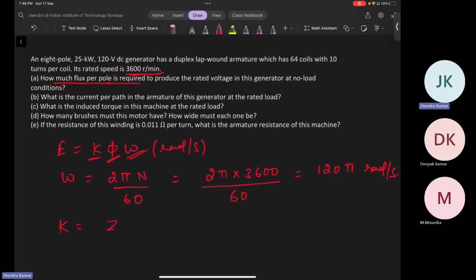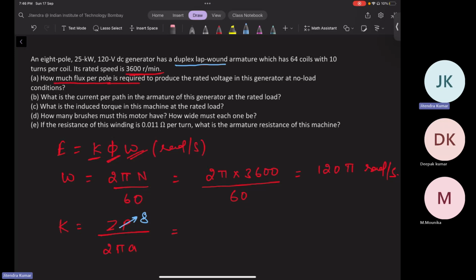K is equal to ZP by 2 pi A, right? So how many number of conductors will be here? P we know, 8. 2 pi is fine, and it is duplex lap wound.